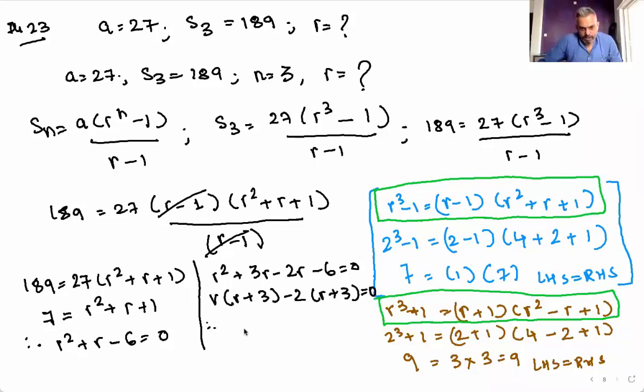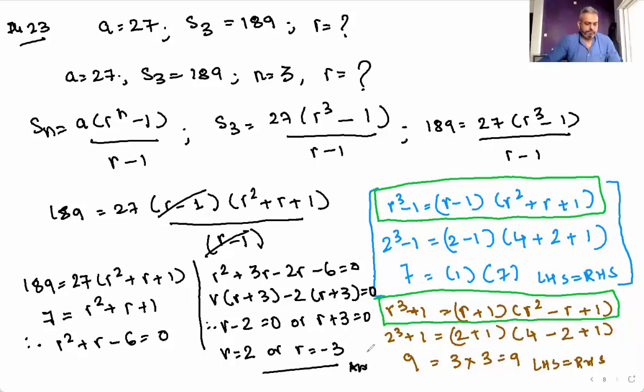Therefore, r minus 2 is equal to 0 or r plus 3 is equal to 0. So therefore r is equal to 2 or r is equal to -3. Answer.